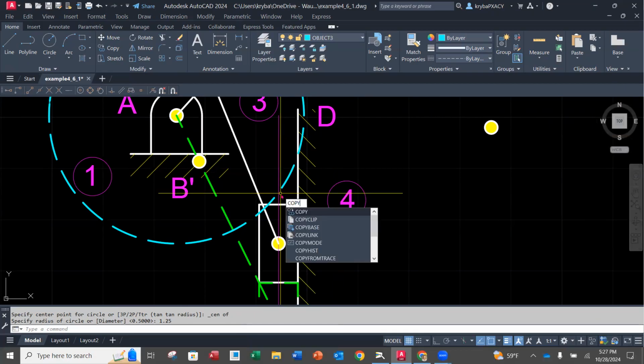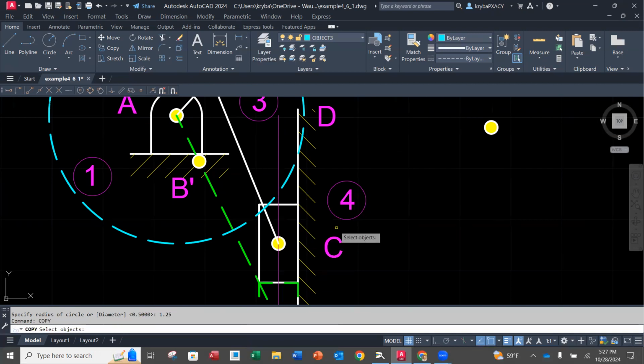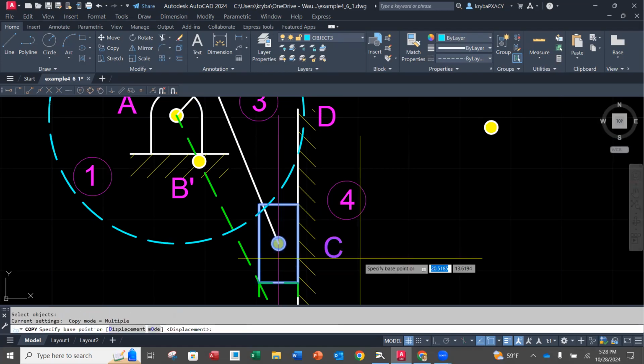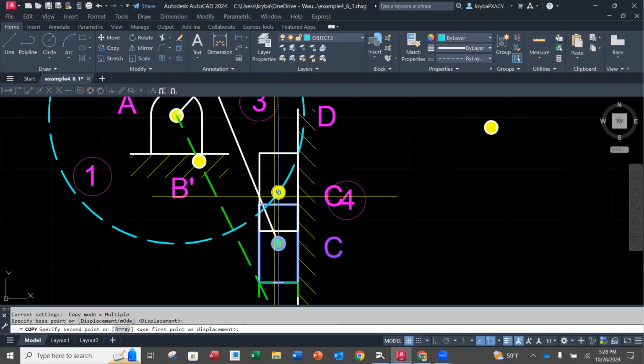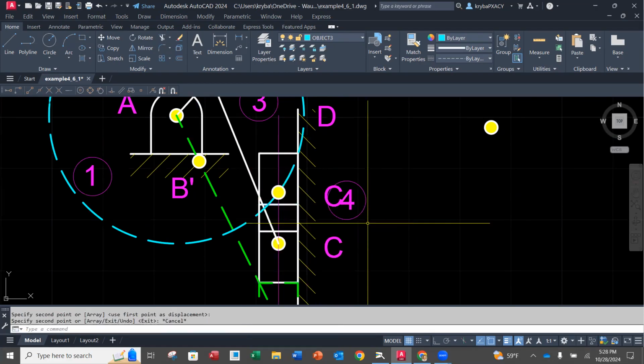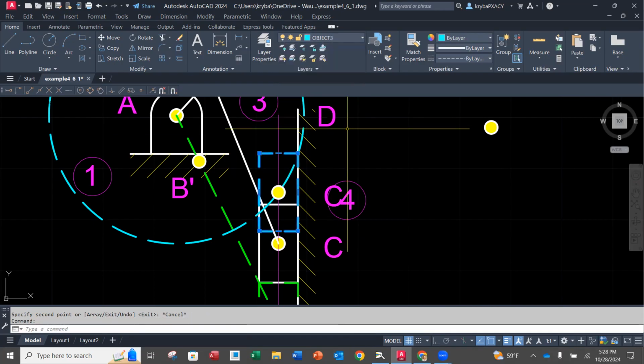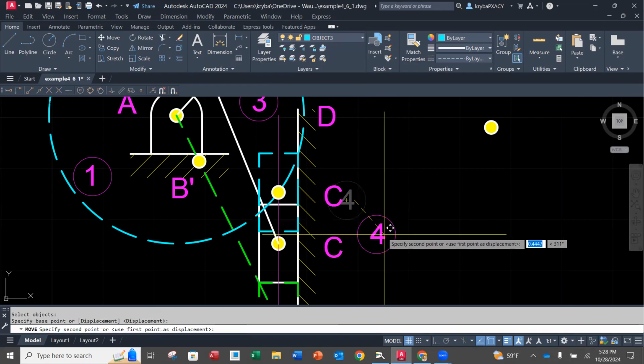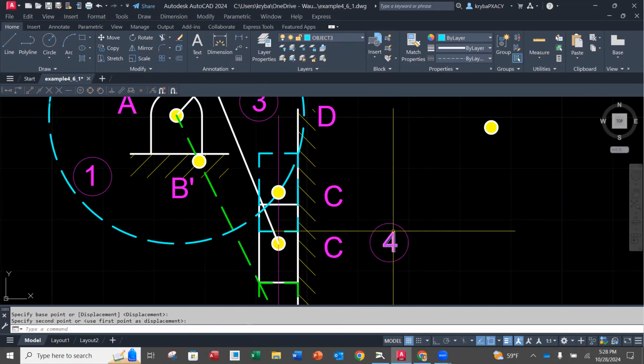So I'm going to copy my slider, the link, and C, enter. And we're going to go from this point right here to the intersection just above. I'm going to change my line to the layer object 3. I've got to move number 4 here.